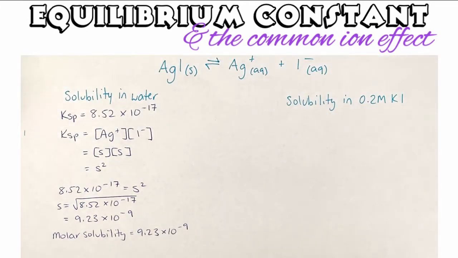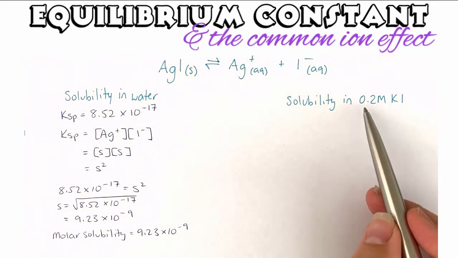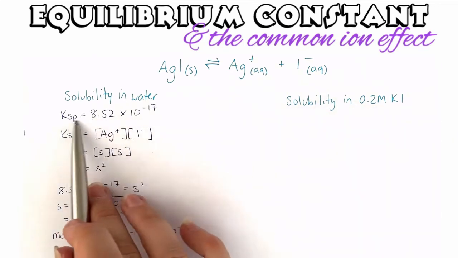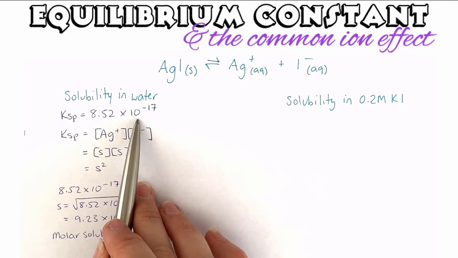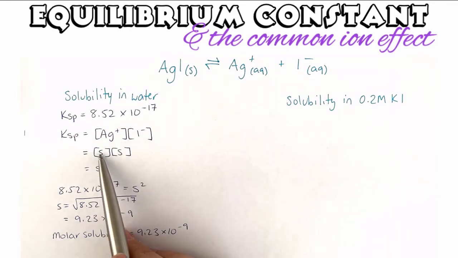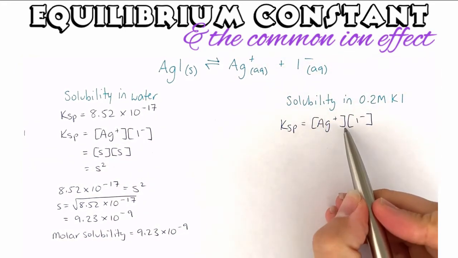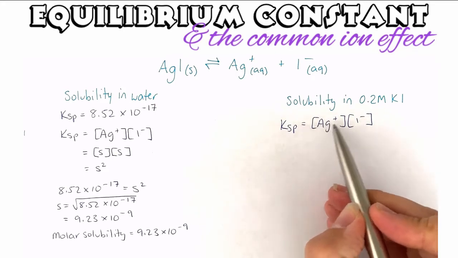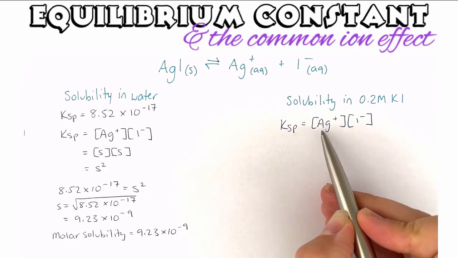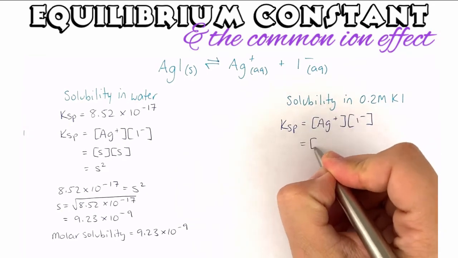Now let's compare what our molar solubility is in a potassium iodide solution of 0.2 molar concentration. So again, we have our KSP for our silver iodide, and again, we're going to let S represent our molar solubility. Now the difference here is, while we've got the same KSP expression, when we go to sub in our S, what we actually have is S for our silver ions, that's as normal.